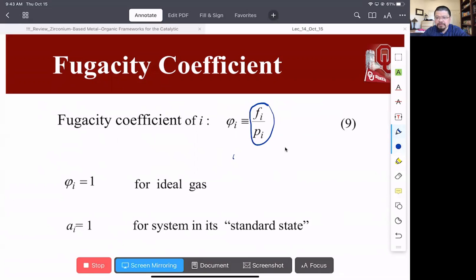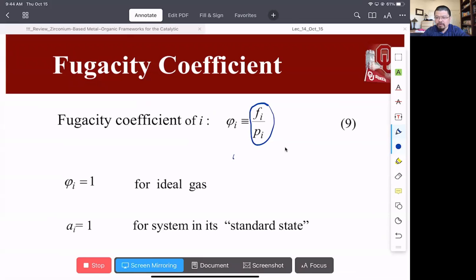And obviously, if the coefficient is 1, then it's right at the ideal gas. If it's very close to 1, then it should still be very close to the ideal gas. We may think of utilizing the ideal gas assumption for the calculation.